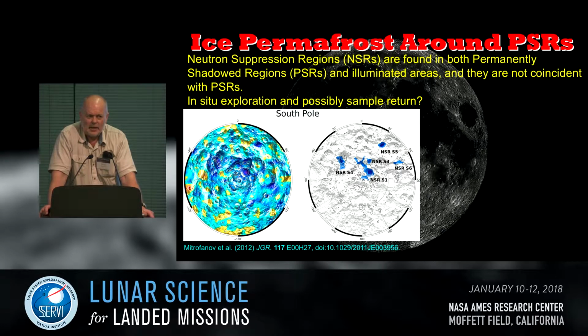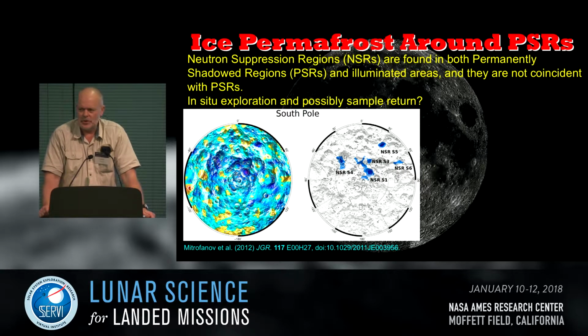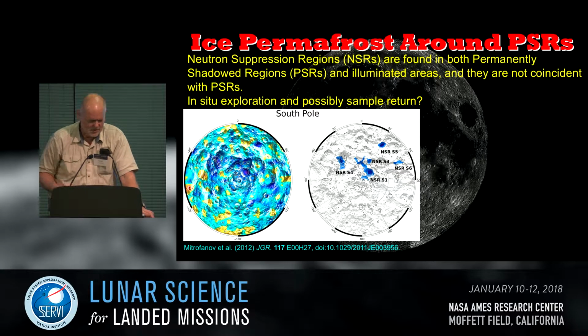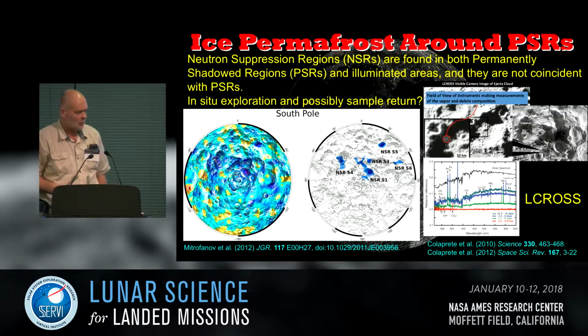So in situ science becomes very important to explore these regions, not only for understanding the origin and evolution thereof, but also tied to the hip with the exploration potential. So it's important to think about the exploration of these different areas in terms of science and exploration.